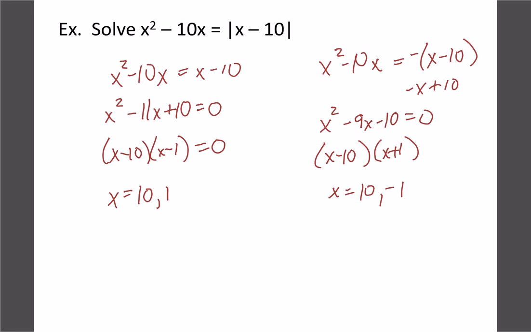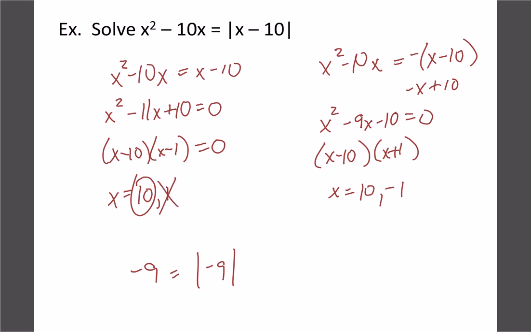So once again, let's plug it into our original. So if we put 10 into the original, we get 10 squared minus 10 times 10, which is 0. 10 minus 10 is 0, so definitely 10 works. Plug in the 1, we'd have 1 minus 10, which would be negative 9. 1 minus 10 on the other side would be negative 9 again, but as absolute values, that isn't the same. So that's no good.